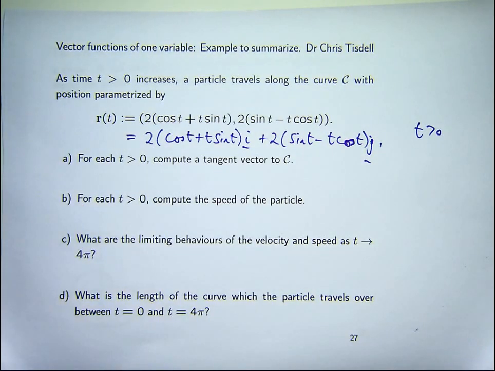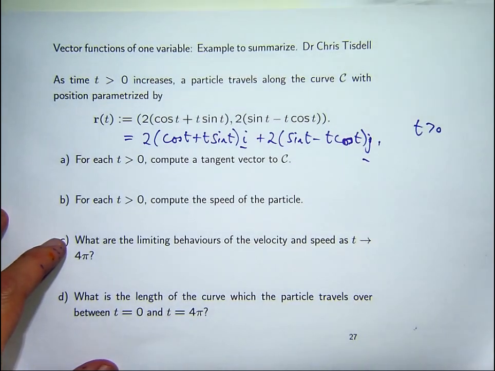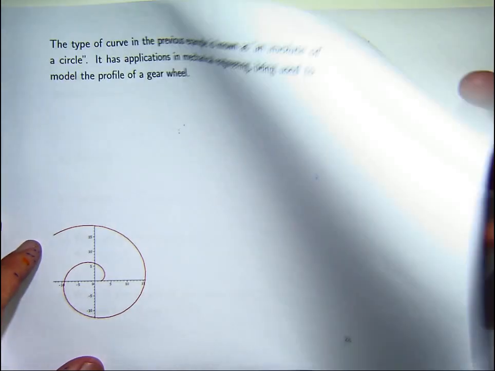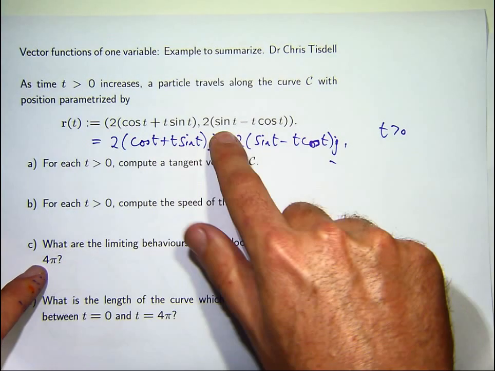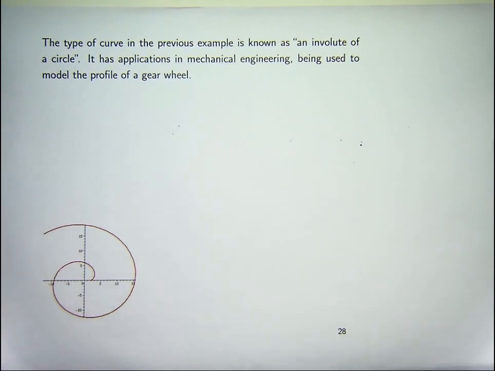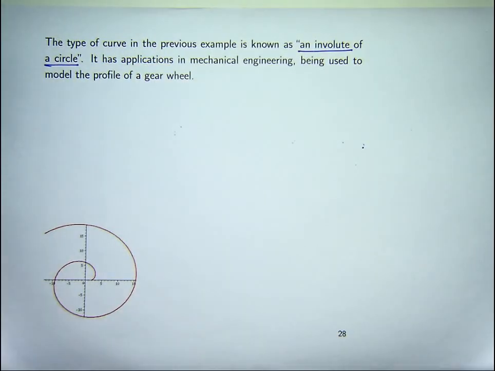Okay, so I've used Maple to actually plot the curve associated with this vector function. So here it is. The curve has a special name known as an involute of a circle.